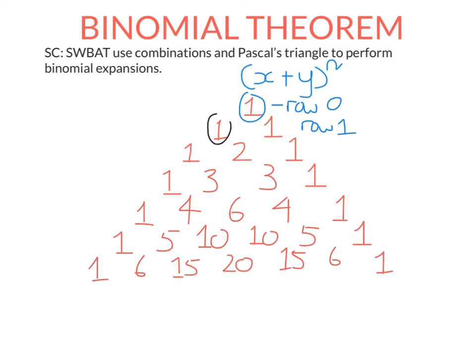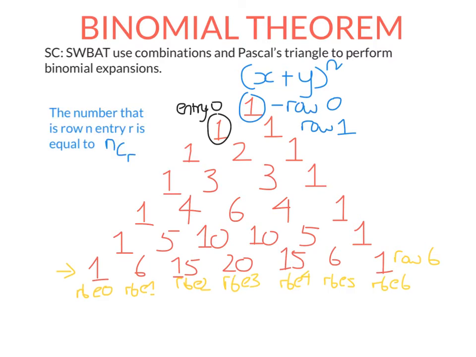The first entry is always entry 0. So if I came down to this row here, this would be row 6, entry 0 would be the first one. We always start with entry 0. This would be row 6, entry 1, row 6, entry 2, and so on.